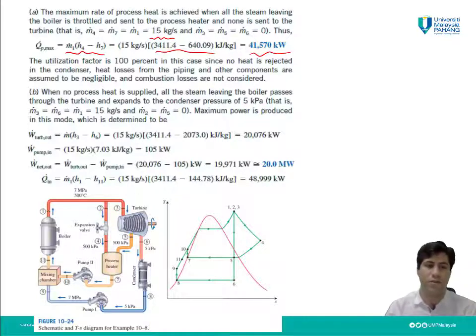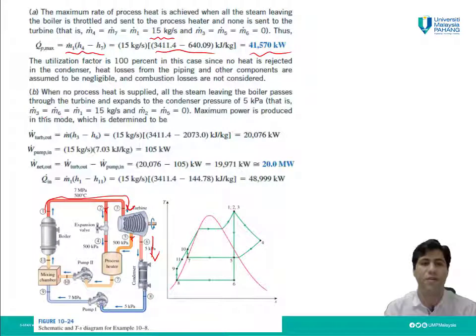In other words, here will be closed, and also here is closed. Then the cycle will be like this, to the turbine, then to the condenser, then pump 1, mixing chamber and boiler.